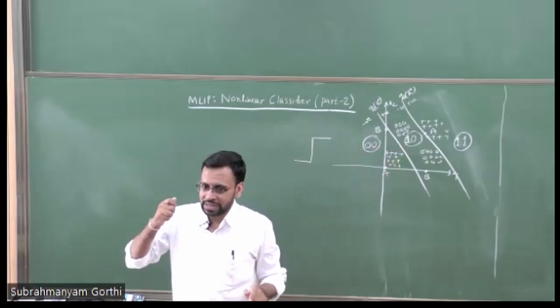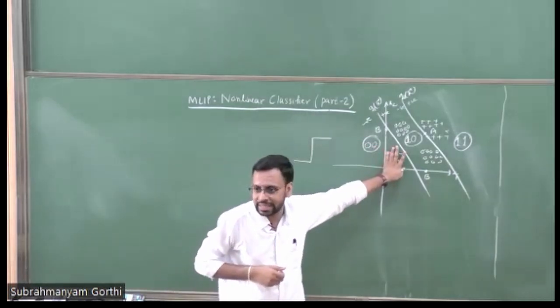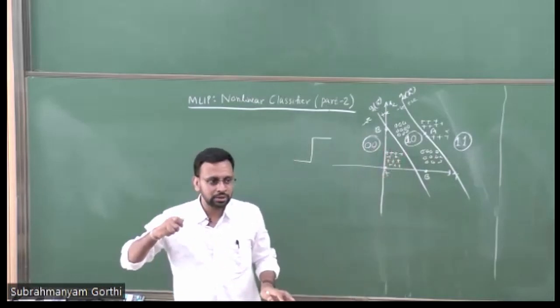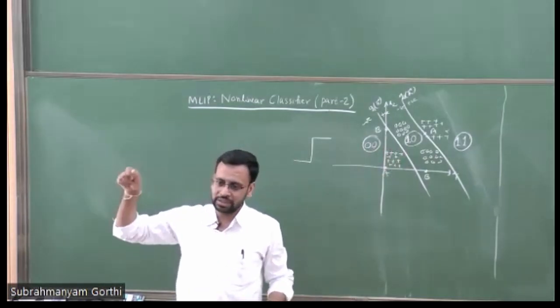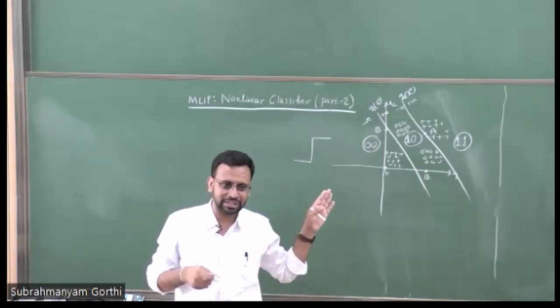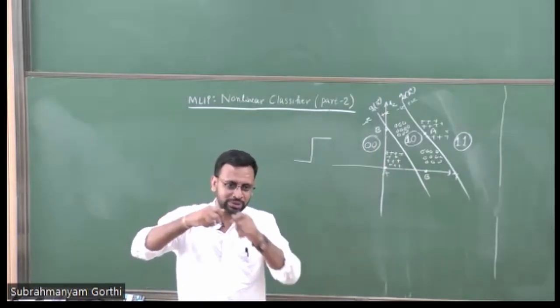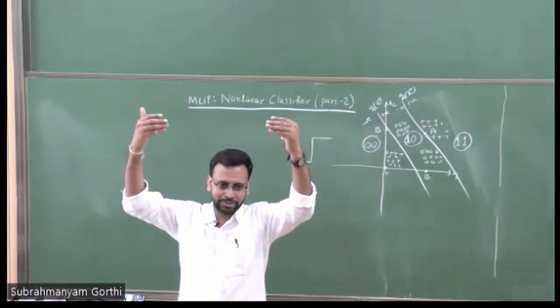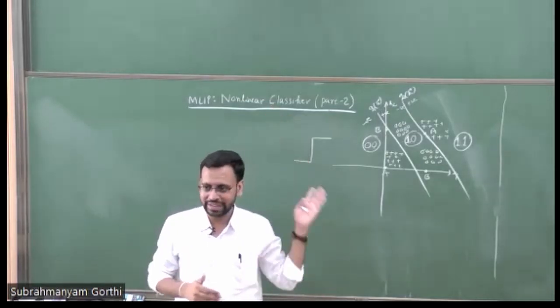Finally, a whole region is getting mapped to just the vertices of a, some places they call it, if you start from 3 dimensions x1, x2, x3, that is a cube is what you are getting. They call it a hypercube. Anything above that you cannot visualize, so you call it a hypercube.